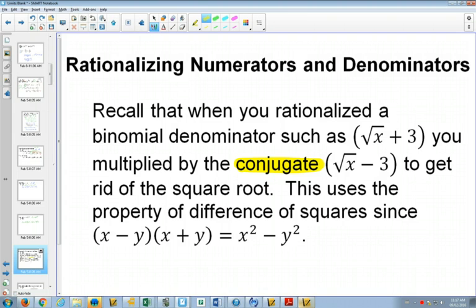It's using the idea of difference of squares, because if you have two conjugates multiplied together, you get a difference of squares. And the nice thing about a difference of squares is you square the first one and you square the second one. So if there were any square roots, they're going to be gone. They're going to go away because you've just squared both of them.